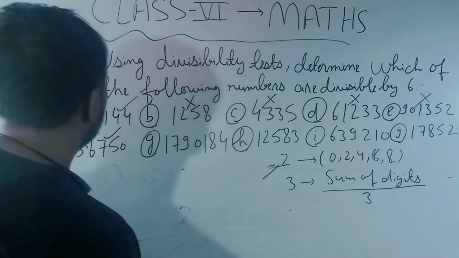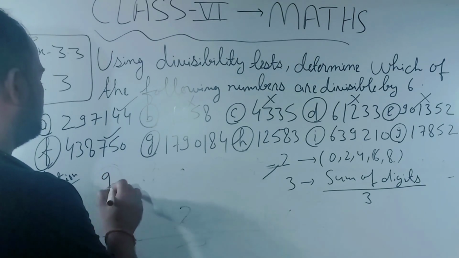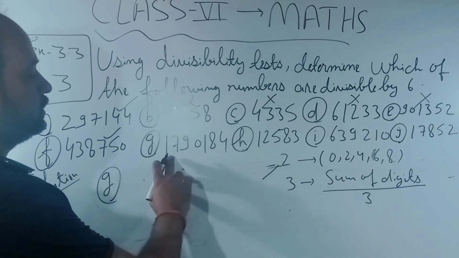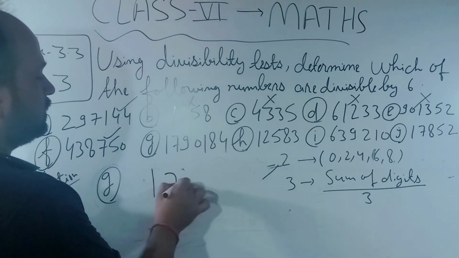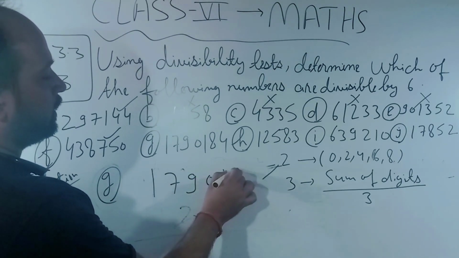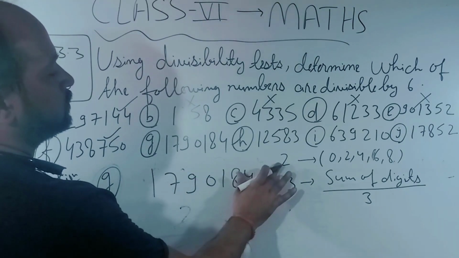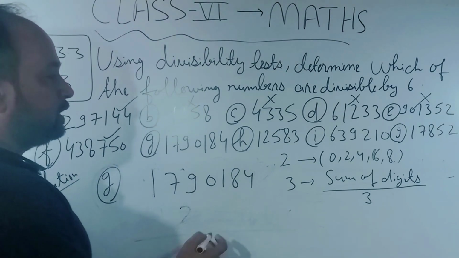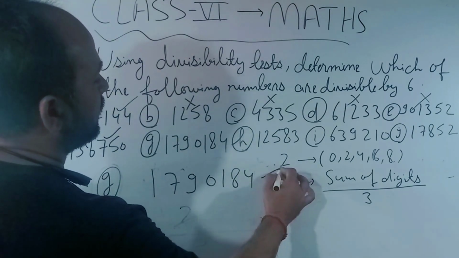Now we will check for G number. It means for G, 1790184. Okay, so 4 is coming at the ones place, so we will say this number is divisible by 2.